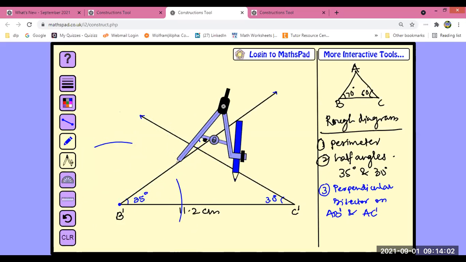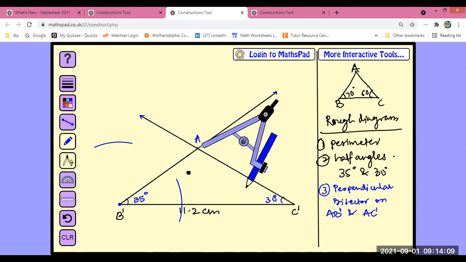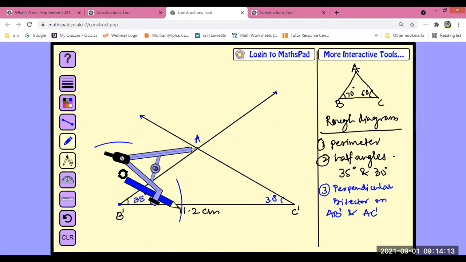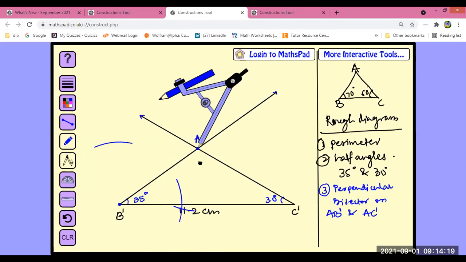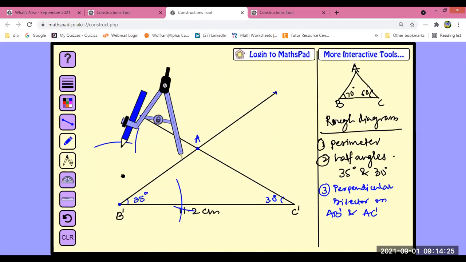And then without changing the distance, we have to place the steel point on point A. Yes, I hope you all are working out with me. You need to cross the arcs like that. And you can notice in this case, the arcs don't meet. No worries at all.